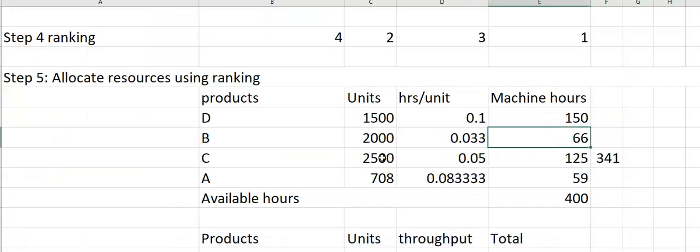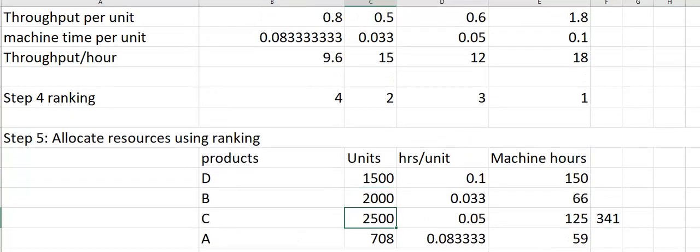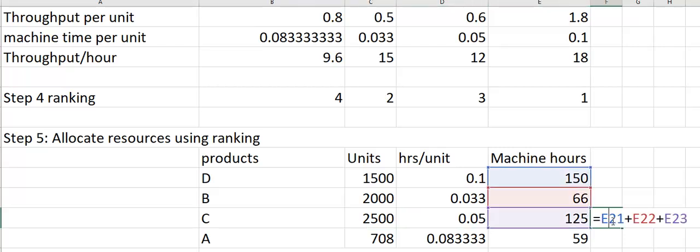So 2,500 units times hours per unit of C, which is 0.05. So we have 125. Now what you have to do is sum them. You sum up the first 3 hours, 150 plus 66 plus 125. The answer is 341. Alright? Remember, we should not exceed 400.